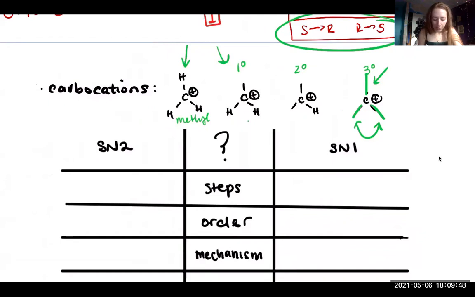Just to clarify here, SN2 usually undergoes primary electrophiles or primary carbons, while SN1 prefers tertiary. Like I just explained, it prefers tertiary because of that carbocation formation. On the opposite side, SN2 prefers primary. There's no carbocation formed for SN2.